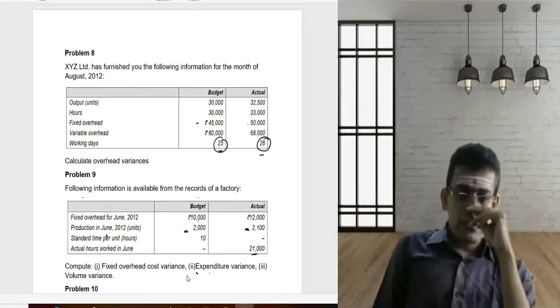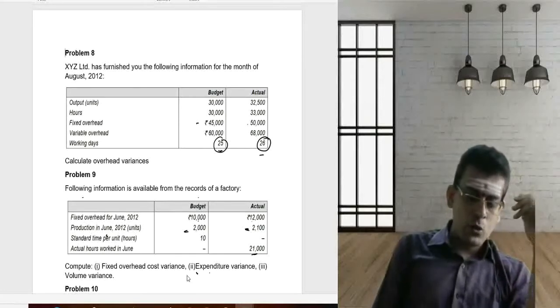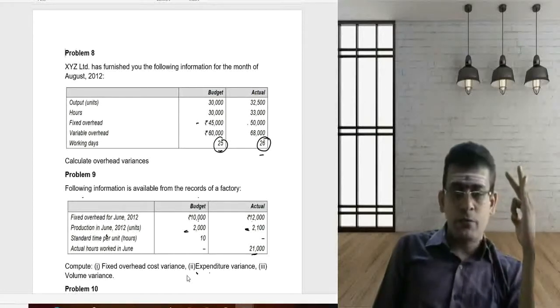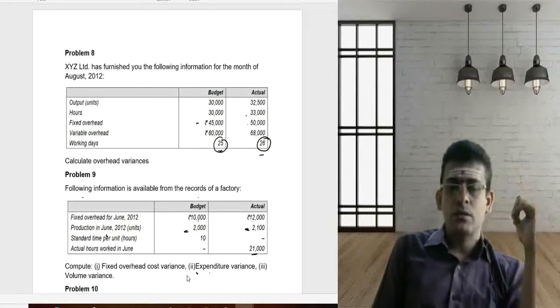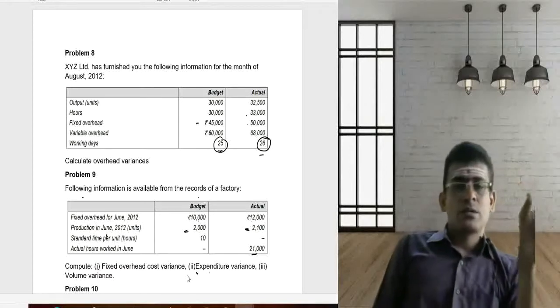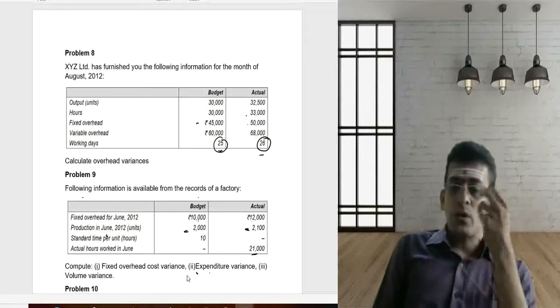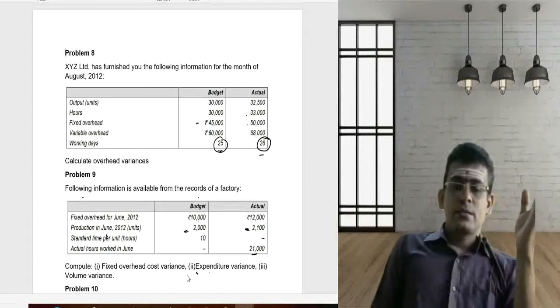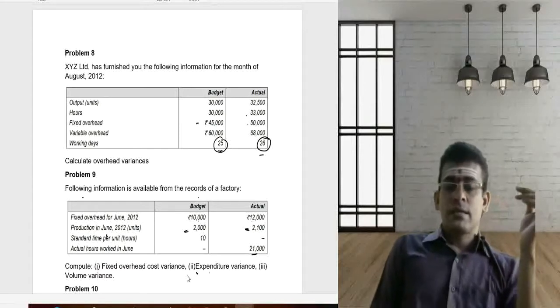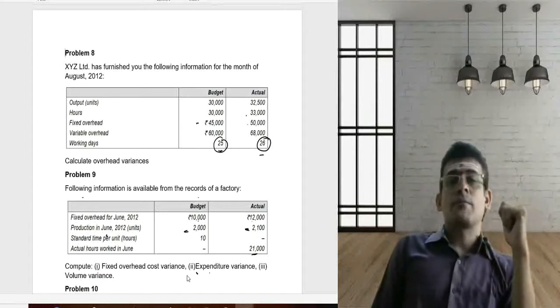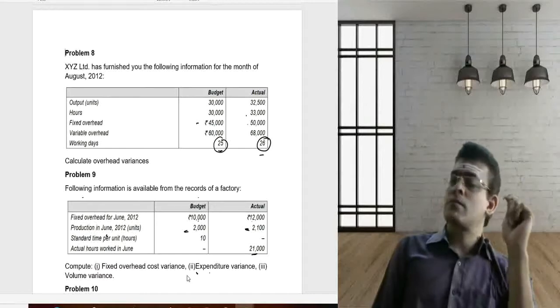Coming to capacity, we take the difference between your actual hours 33,000 and budget hours 30,000. That difference should be multiplied by the budget rate. That will give you the capacity variance. Now, as you have the number of days, in the place of budget hours, I will be calculating possible budget hours.